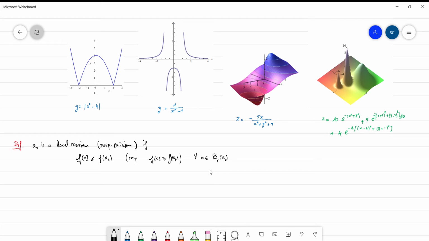We need to distinguish what we mean by global.